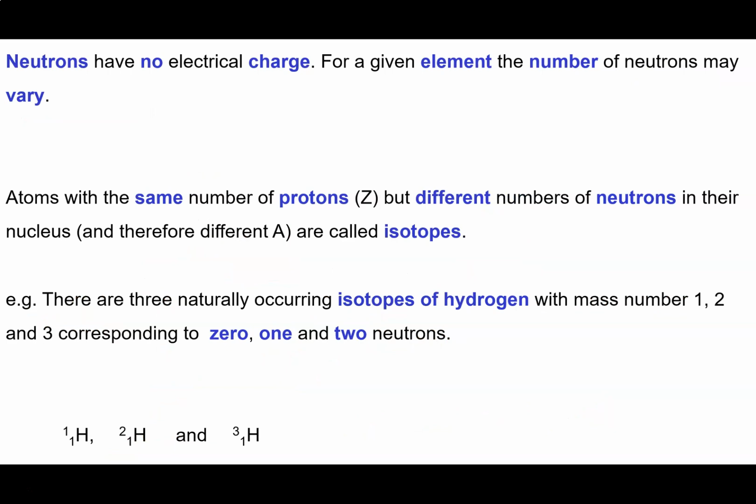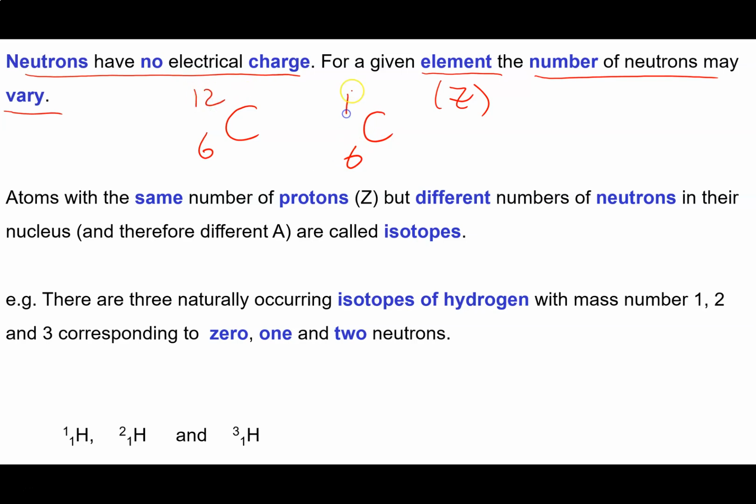Now, this is interesting. We know that neutrons have no electrical charge. And it turns out that for a given element, for a given type of atom, that is an atom with a specific atomic number, the number of neutrons may vary. So if I have a carbon atom, it'll always have atomic number 6, but the mass number can vary.